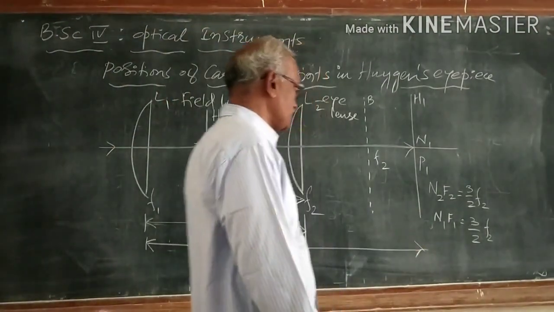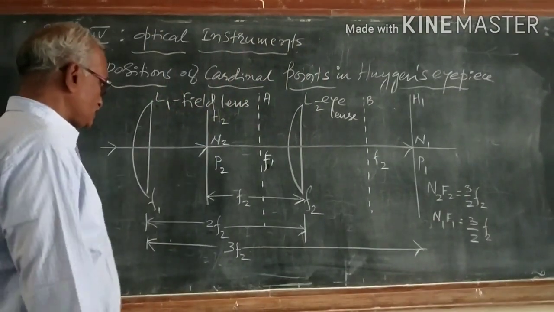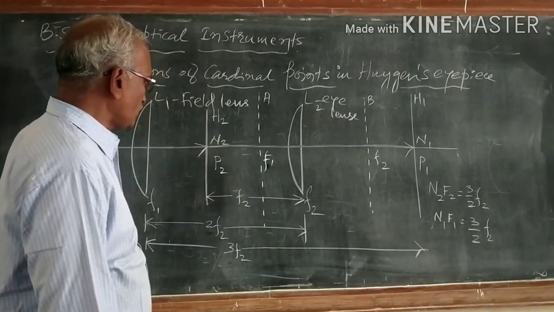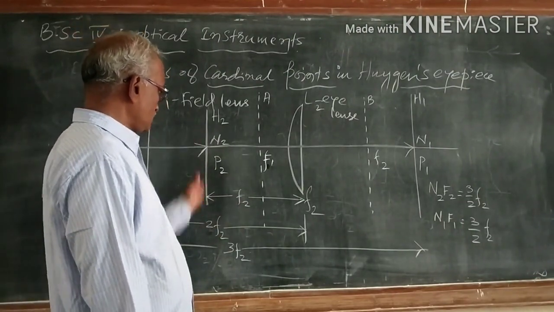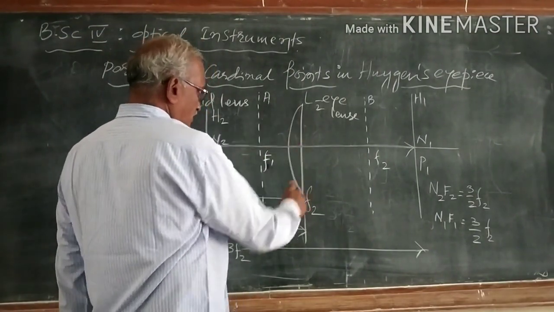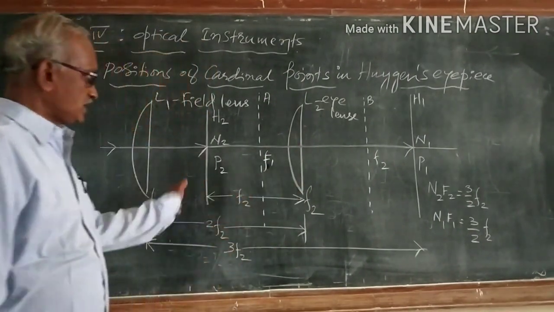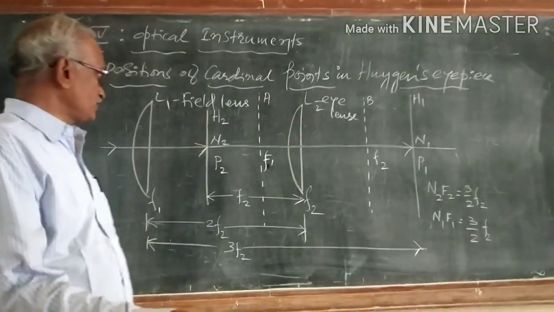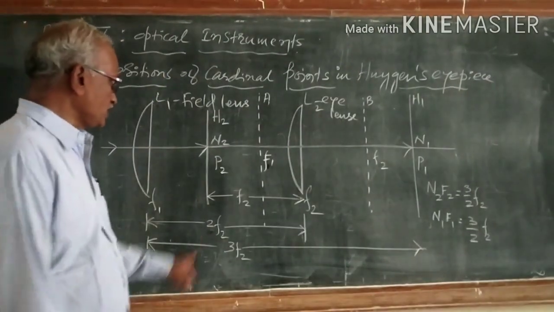So it is mentioned here. And this is F2. What is F2? F2 is the second focal point, here in between, to the left of the eye lens. Some of the points are right of the eye lens and some of the points are left of the eye lens.